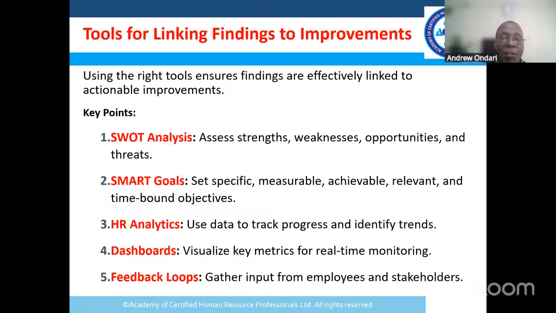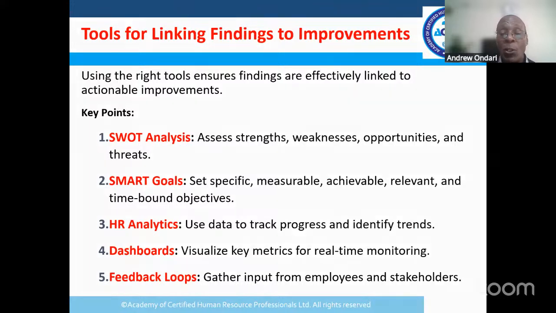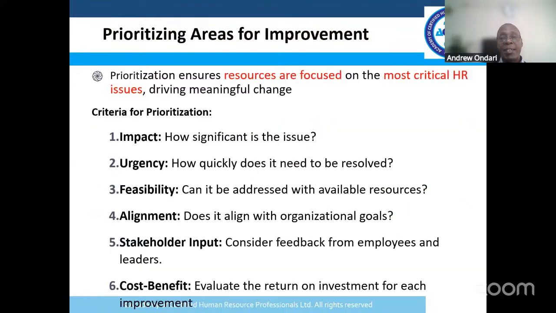Then lastly, we have feedback loops where our systems, be they dashboards or ERPs, enterprise resource planning systems, we should be able to get feedback from them. And this is what we act on regarding how well or poorly we are doing.